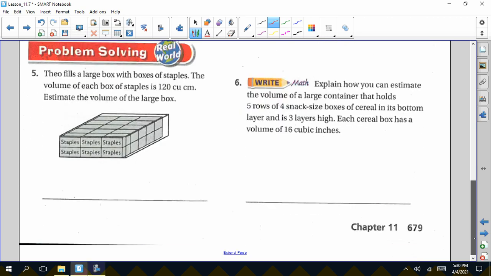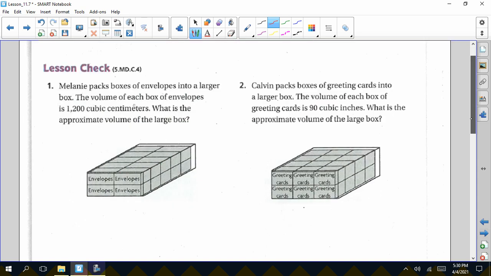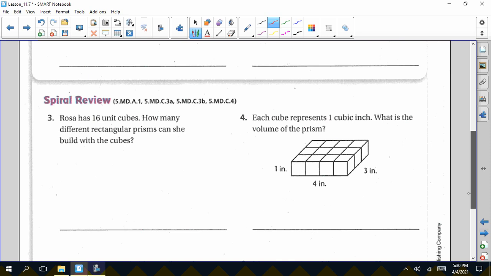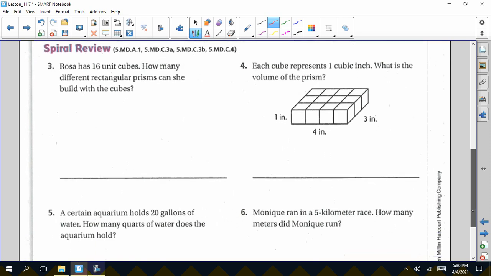You will do all questions on the front, 2 through 6. When you flip it over to the back, do the same thing here. Number 3, we want to find all the different ways that we can make rectangular prisms, having a length, a width, and a height for 16 unit cubes.